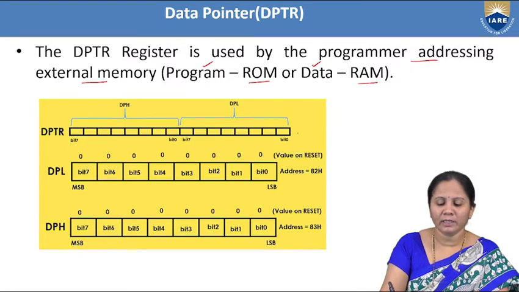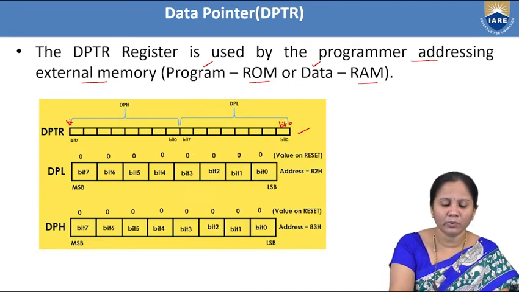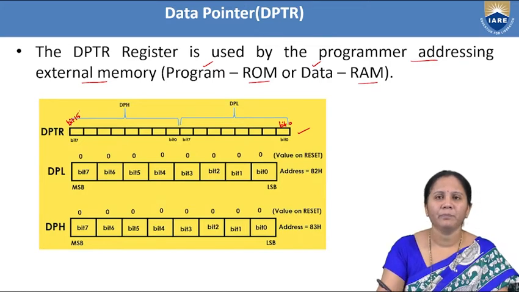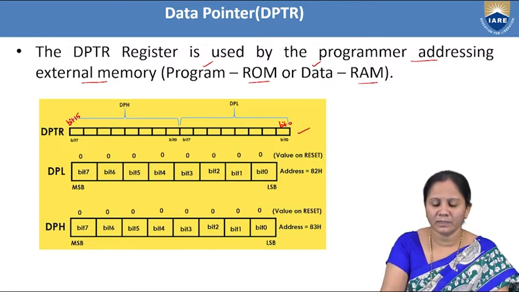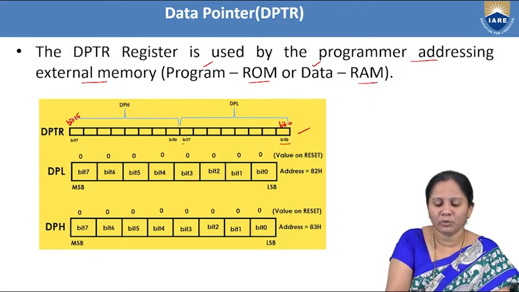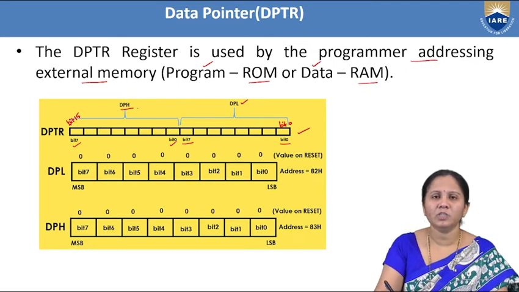So here this is a 16-bit DPTR register, from bit 0 to bit 15. These 16 bits are divided into two 8-bit registers: bit 0 to bit 7, which is called DPL, data pointer low, and bit 0 to bit 7, which is called DPH, data pointer high.